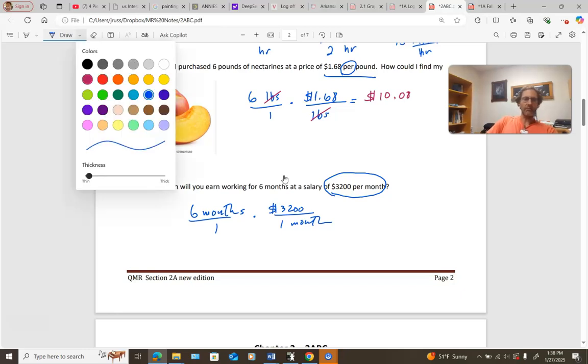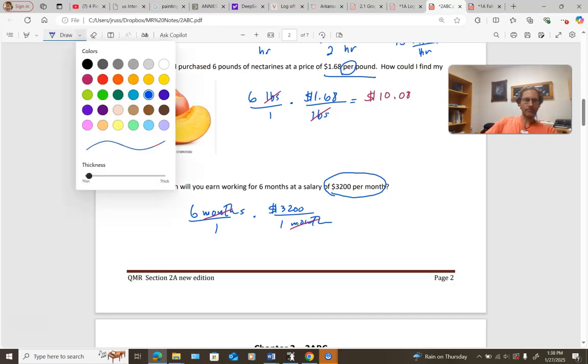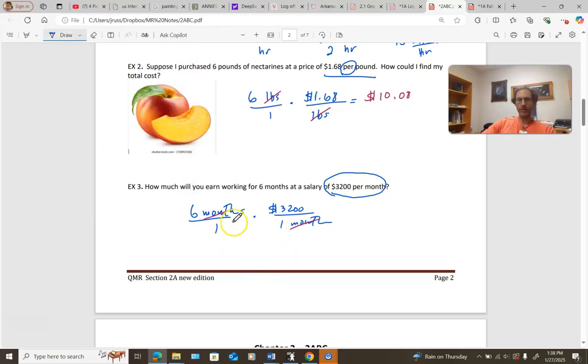Okay, so now what happens? Well, I have the unit month in both the numerator and the denominator right here. So that unit will divide out. And so what are we going to have left? Well, you just multiply straight across. 6 times 3,200, I believe that is 1920. I think that's right.